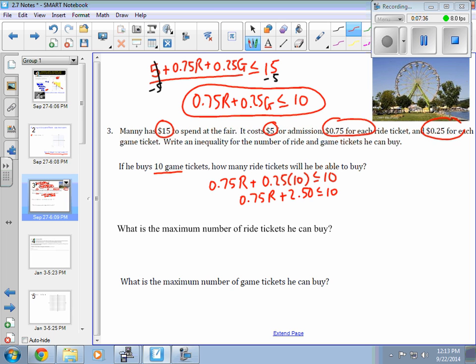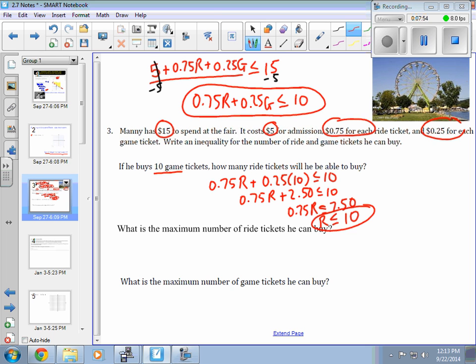Subtract that from the $10 he has left, and that leaves $7.50 for rides. Divide by 75 cents, and we find out that he can do 10 or fewer rides.